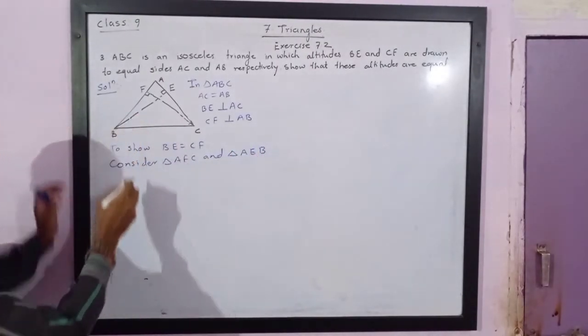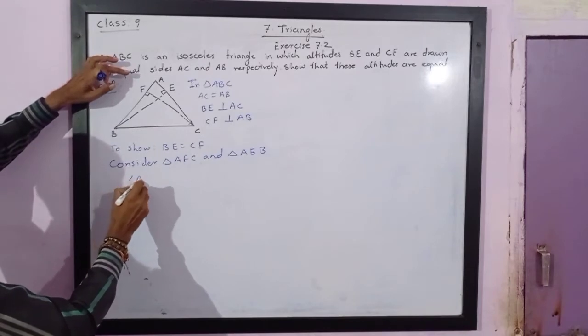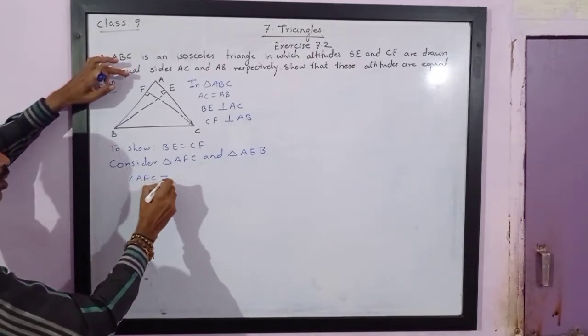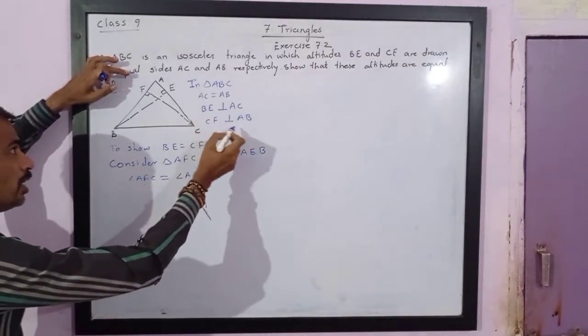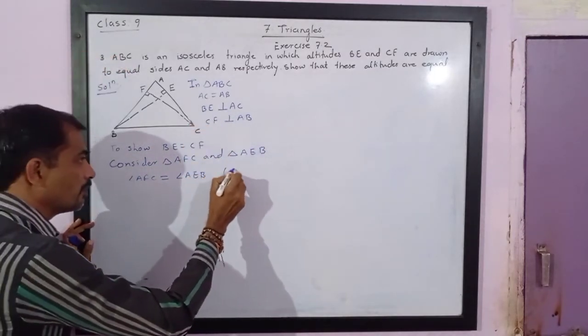Please note here angle AFC is equal to angle AEB. Please note they are perpendicular, it means each is 90 degrees.